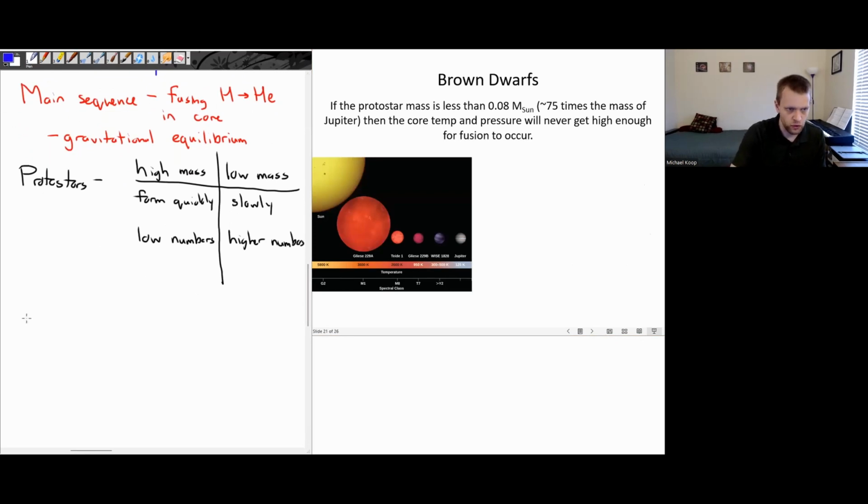So a brown dwarf has too little mass, less than 0.08 times the mass of the sun, to actually get core fusion to occur.